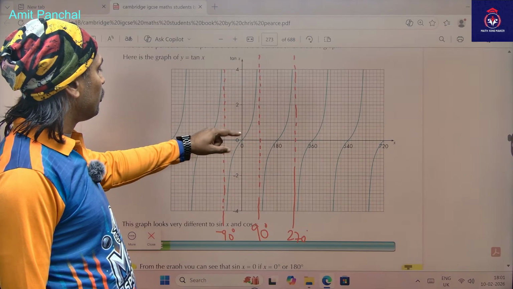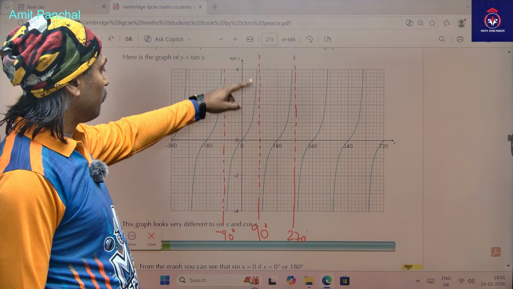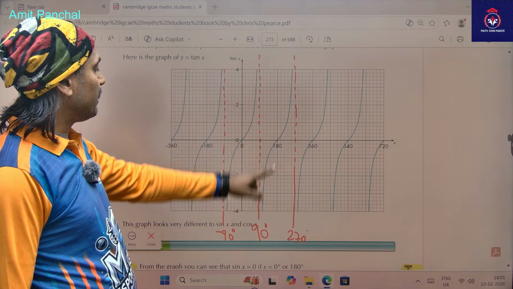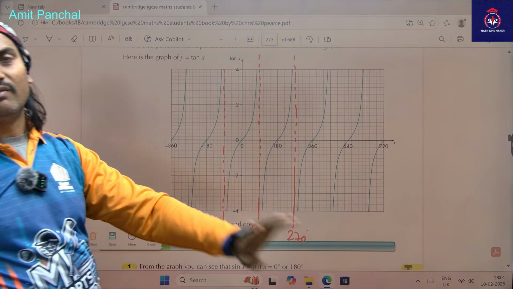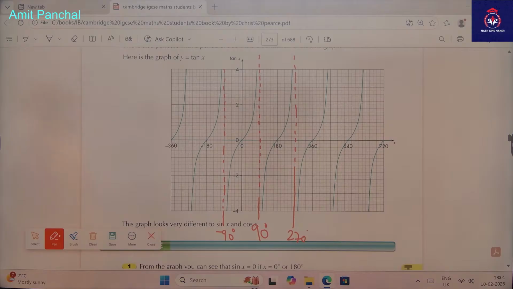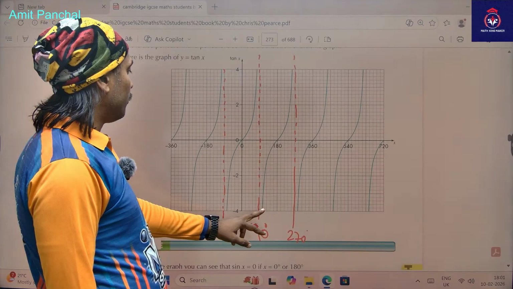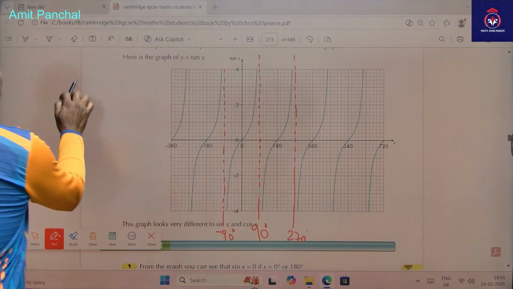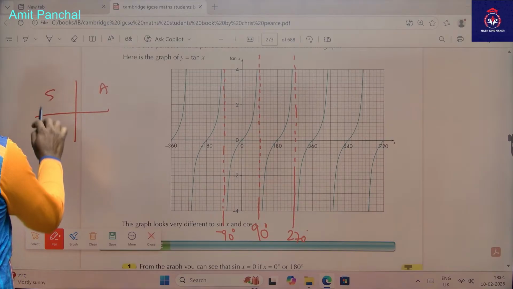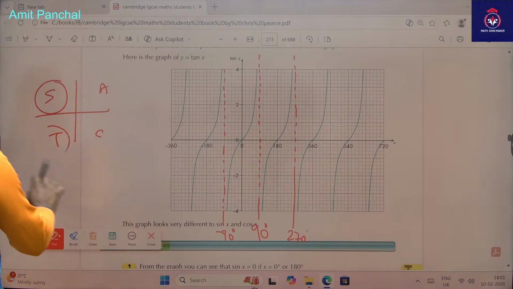From 0 to 90 it is going up, and from 90 to 180 it is going up, but at 90 degrees you will not get any value. From 0 to 90 it is positive, and from 90 to 180 it is negative. In the second quadrant tan is negative, and in the third quadrant tan is positive.